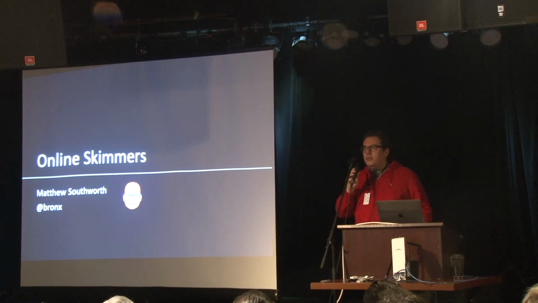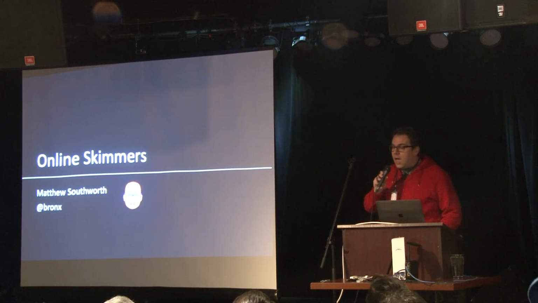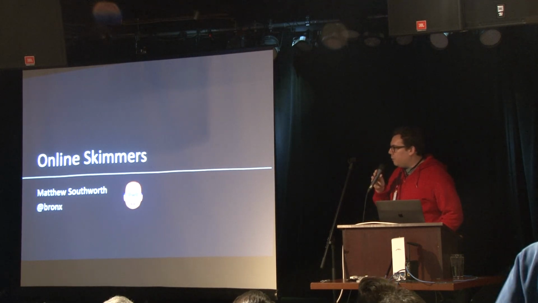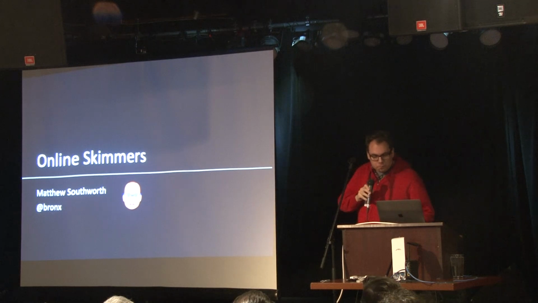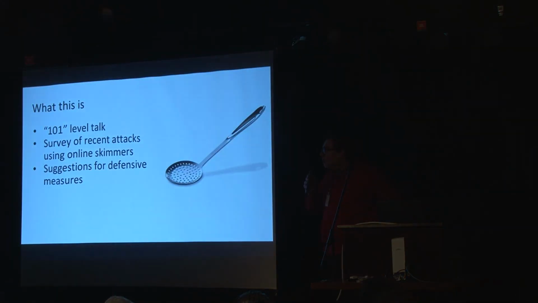I'm on the security team at a company with a local office called Priceline, and I'm neither a pen tester nor a developer. I just know enough to cause some trouble. This is a discussion of what are called online skimmers. You may have heard of the Magecart attacks earlier this year that hit companies like Newegg, British Airways, and Ticketmaster in the UK.